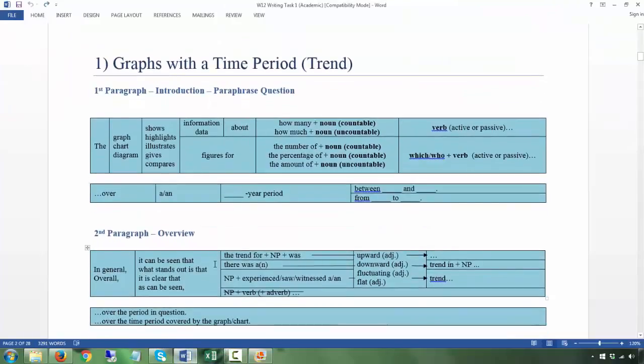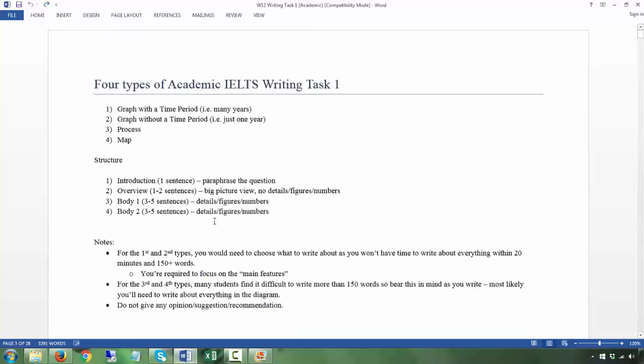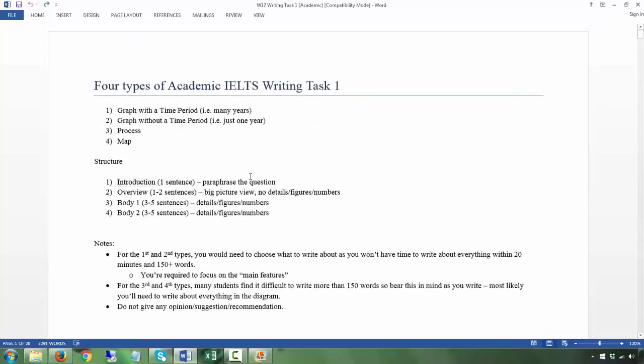so remember what we have to do: the first paragraph is going to be introduction, about one sentence paraphrasing the question. The next will be the overview, which will be 1 to 2 sentences. And again, as I mentioned, a big picture view, no details, no figures, no years, no numbers, but you are looking at it from a big picture point of view.